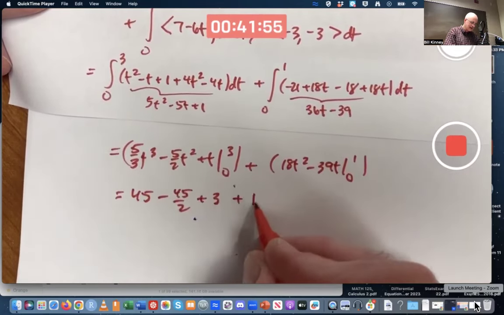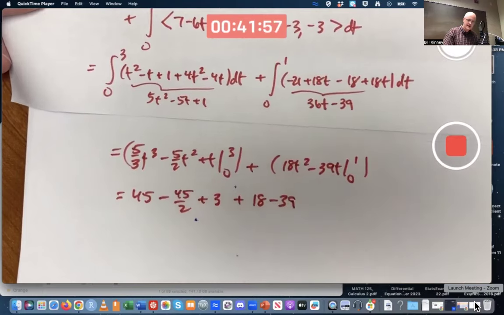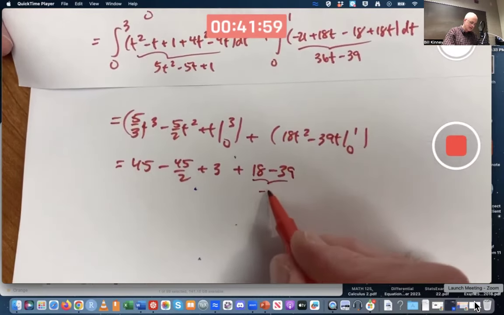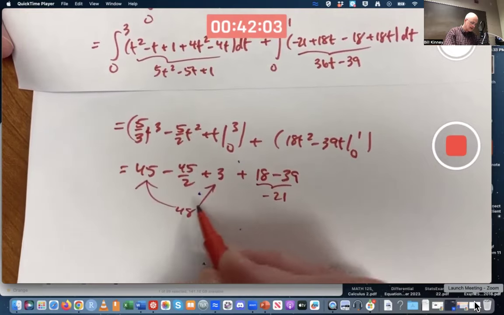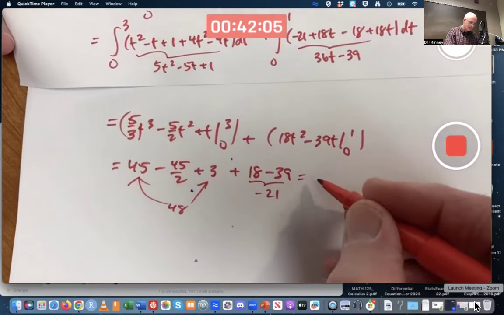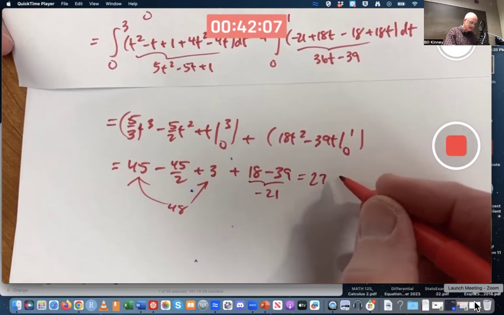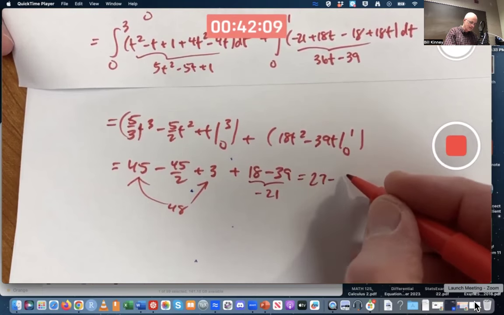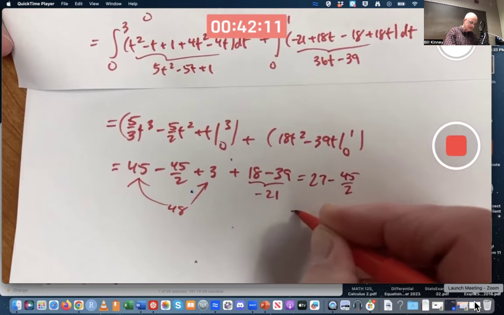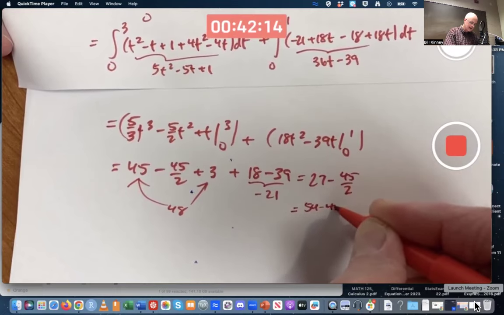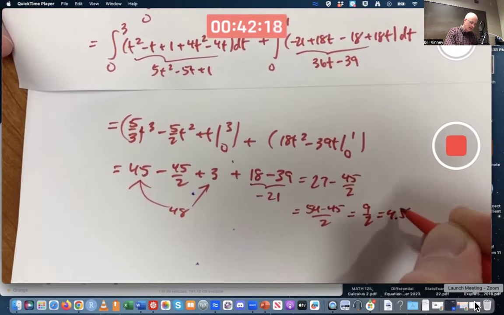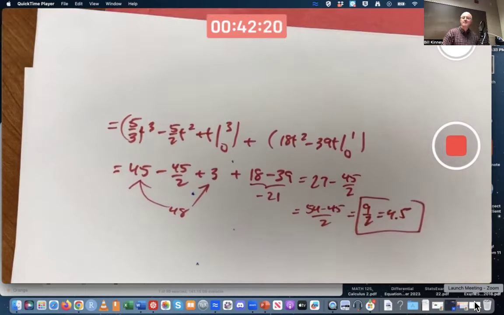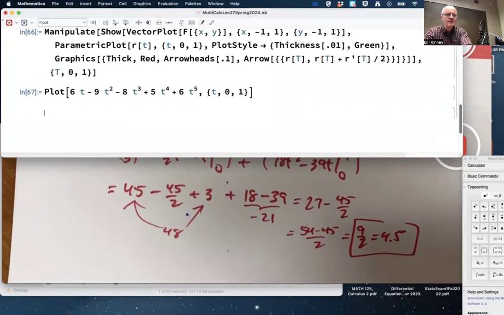And then plus 18 minus 39. That's a negative 21. These two are 48. So we get what? 27 minus 45/2. 54 minus 45/2. 9/2. 4.5. I hope I have not made a mistake. Going as quick as I can here.